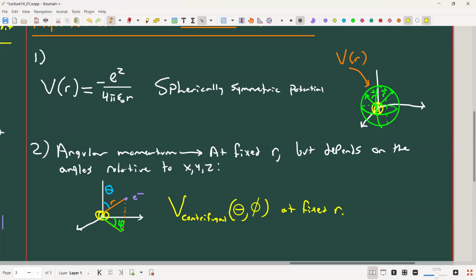You can think that they are somewhat interrelated because the angular momentum of the electron may depend on how attracted it is to the proton. But otherwise the potentials themselves are not dependent on each other. So I can spin this electron around and never change this, and vice versa. So they're separate.